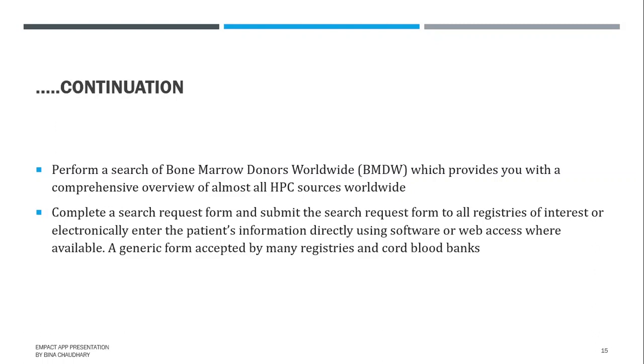After that, they will perform a search of Bone Marrow Donors Worldwide, which provides a comprehensive overview of almost all hematopoietic stem cell sources worldwide, complete a search request form, and submit it to all the registries of interest, or electronically enter the patient information directly using software or web access where available, and a generic form is accepted by many registries and cord blood banks.